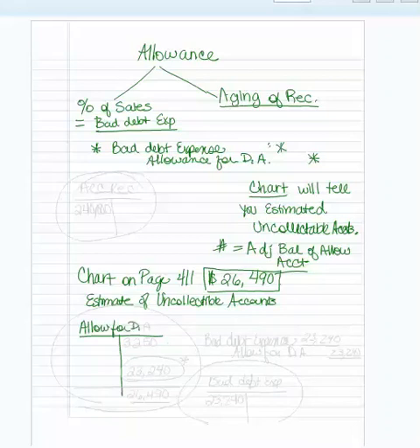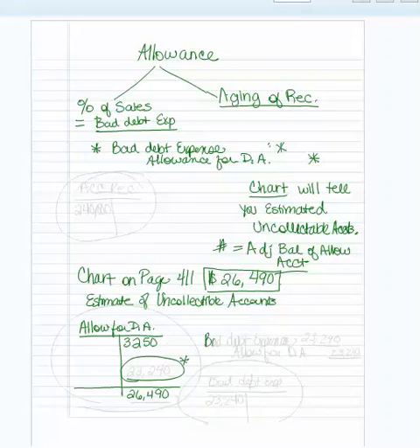Allowance for doubtful accounts. And the book told us there's a beginning balance in allowance for doubtful accounts of a credit balance of $32.50. And so here, we're going to put that adjusted balance of that T account at the bottom, $26,490, and you're going to have to solve for the amount that goes in the adjusting entry. We already know the adjusting entry, so we already know what to debit and credit.